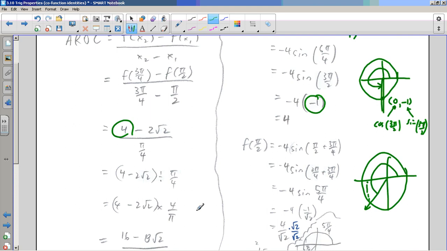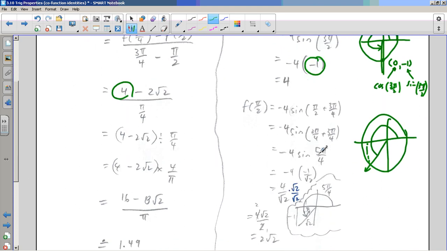Well, I know from my chart that the reference angle is pi over 4, and so the sine of pi over 4, I look it up on my chart, is 1 over the square root of 2. So the sine of 5 pi over 4 is going to be the same number, but maybe negative. And when I think of the CAST rule, only tangent is positive in this quadrant, so certainly it's negative 1 over the square root of 2.